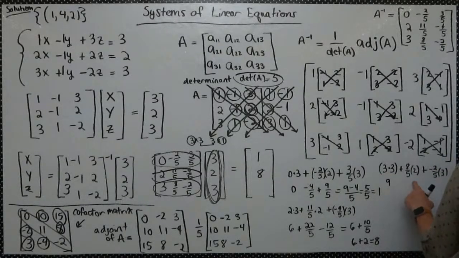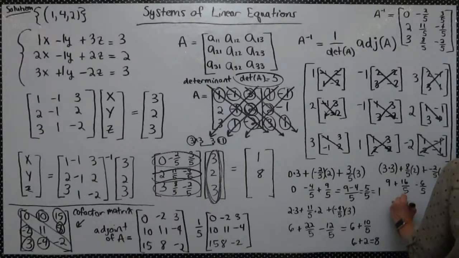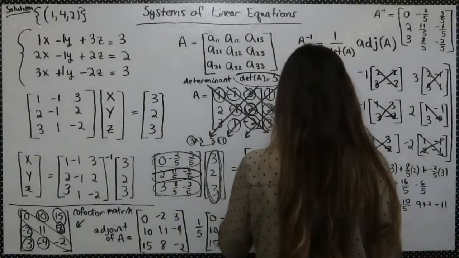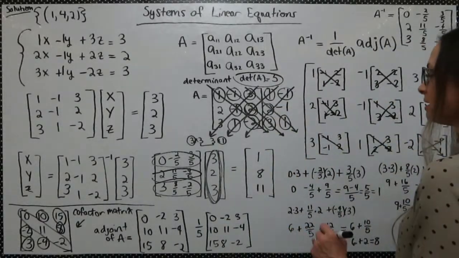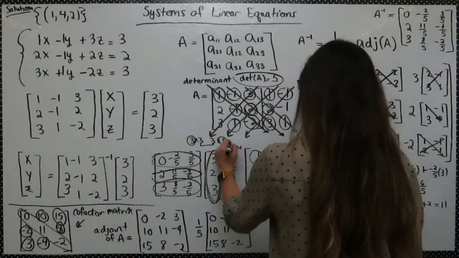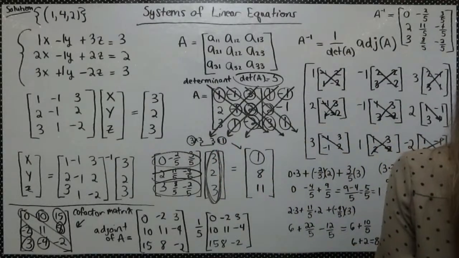And 8/5 times 2 is 16/5. And negative 2/5 times 3 is negative 6/5. So 16/5 minus 6/5 is 10/5. So that's 9 plus 2, which is 11. So I'm getting 1, 8, and 11. So I got my first solution correct. But according to the back of the book, it should be different.